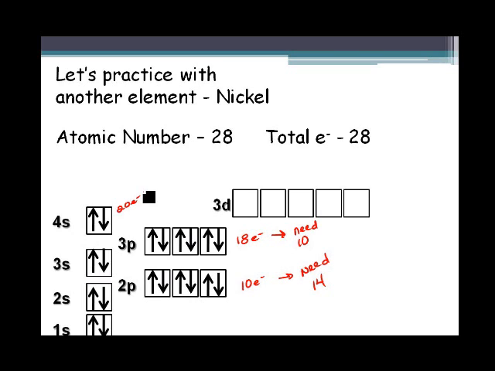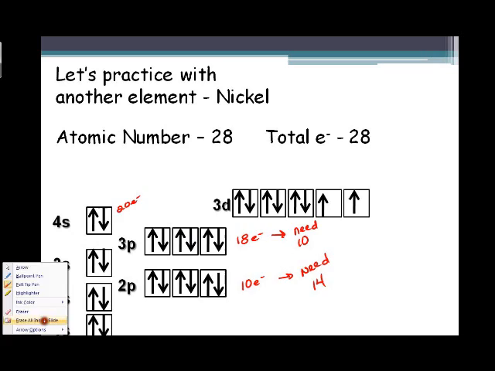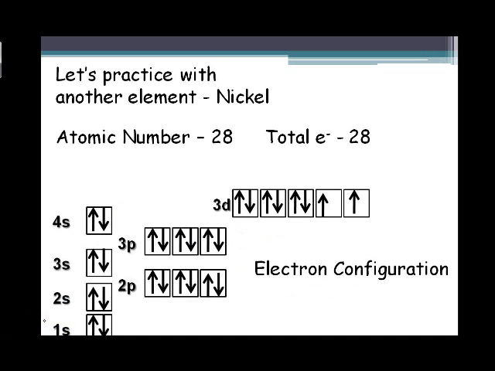Following Hund's rule, 1 up, 1 up, 1 up, 1 up, 1 up. Now that all 5 orbitals have a single electron, we can go back to double up. 1 down, 1 down, 1 down. This gives us an electron configuration for nickel of 1s2, 2s2, 2p6, 3s2, 3p6, 4s2, 3d8.